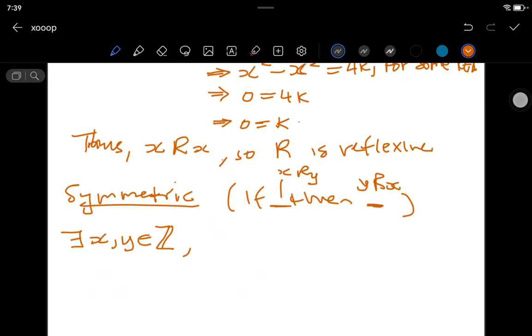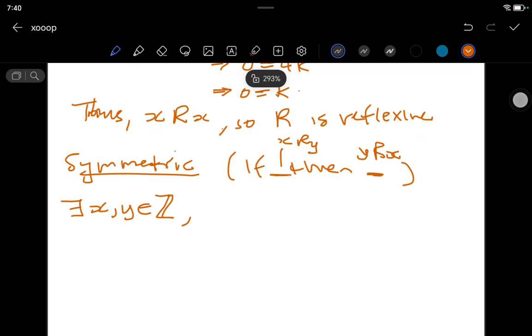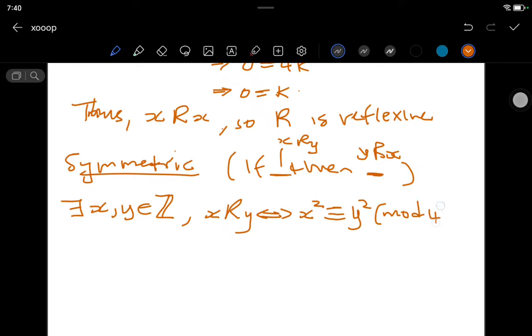Every time we come to symmetric and transitive, instead of saying for any, we say there exist, because it might not be all, but some. There exist x, y element of Z. Then x is related to y, we're assuming the hypothesis, which means x squared is congruent to y squared mod 4.